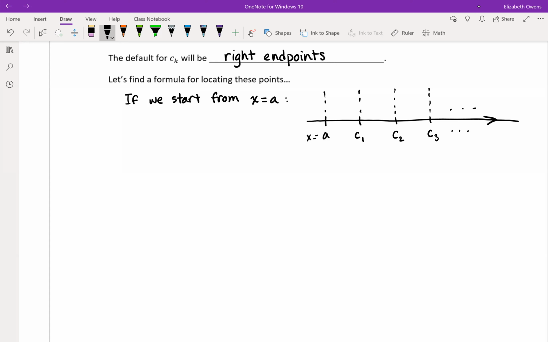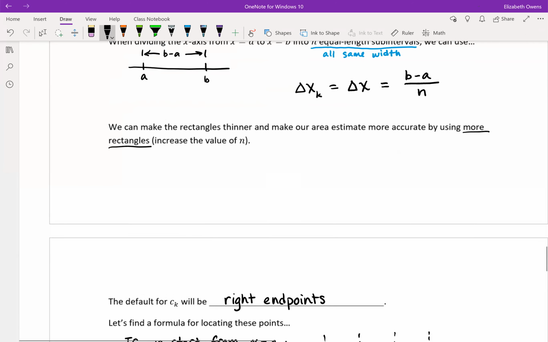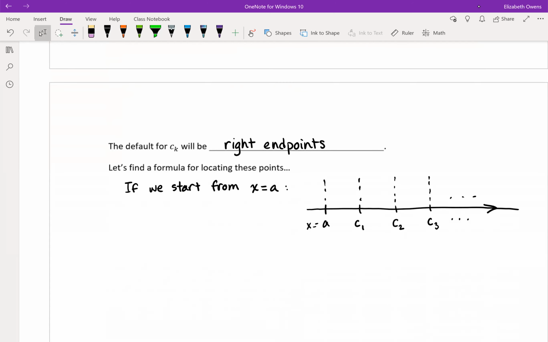Now, remember that each one of those rectangles, we just set the default width as being delta x, not delta x sub k anymore. We're saying they're all the same width. Delta x equals b minus a over n. So let's keep it simple and just label each one of these widths with delta x.